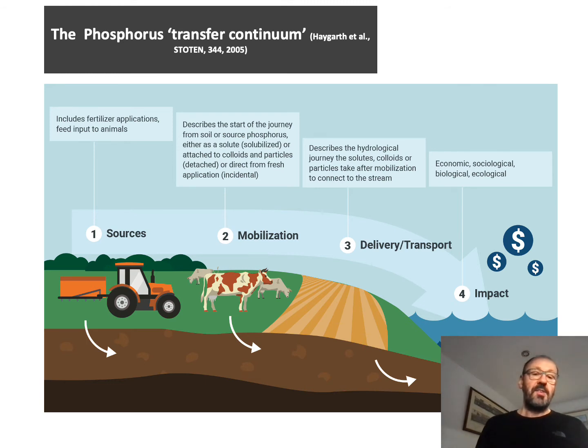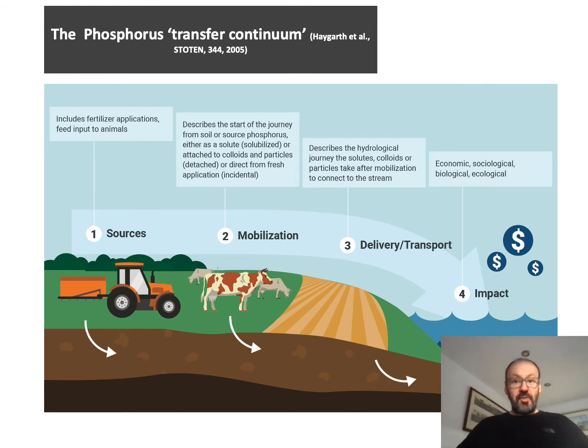Then we have this idea of the next component of the continuum, which is mobilisation. Mobilisation is where things start to leave the soil, and there's three types of mobilisation. There's mobilisation by solubilisation. That's the kind of chemical process.